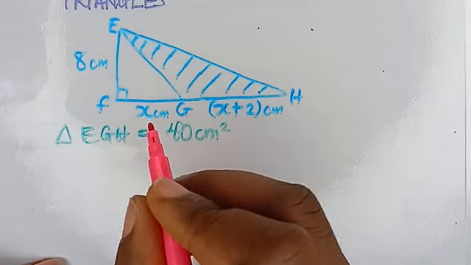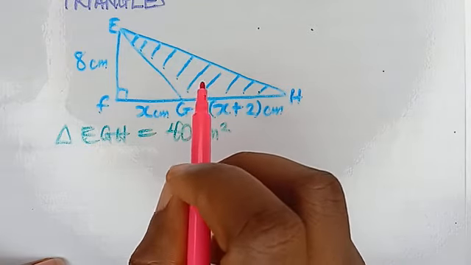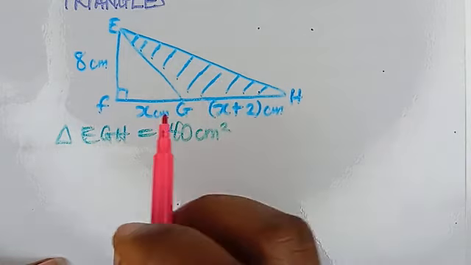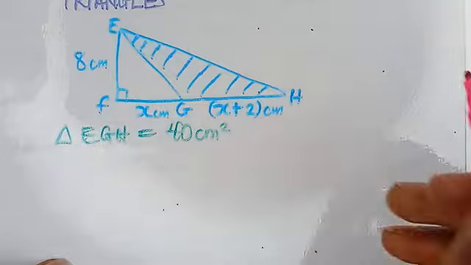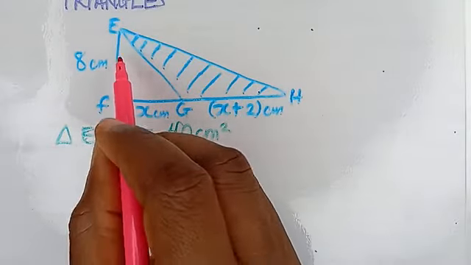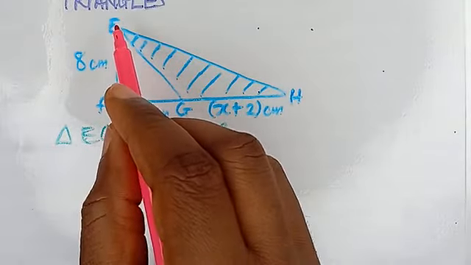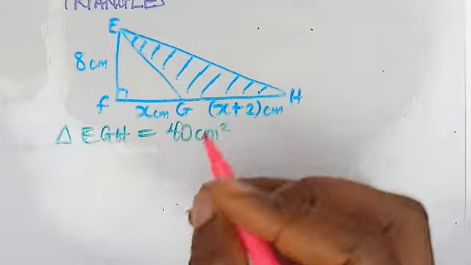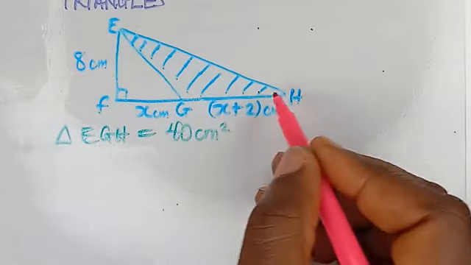Okay, so we are going to equate the area of this triangle that we know, so as to find what x is, because that is what is preventing us from finding the area of triangle EFG. That is half base times height. So we know that this is the base of this triangle, right?